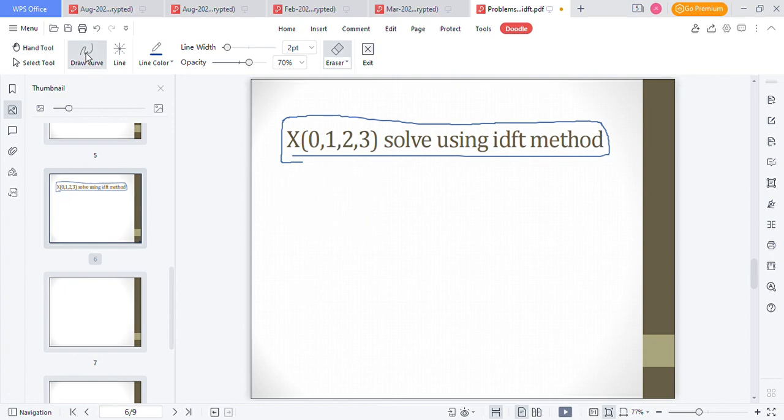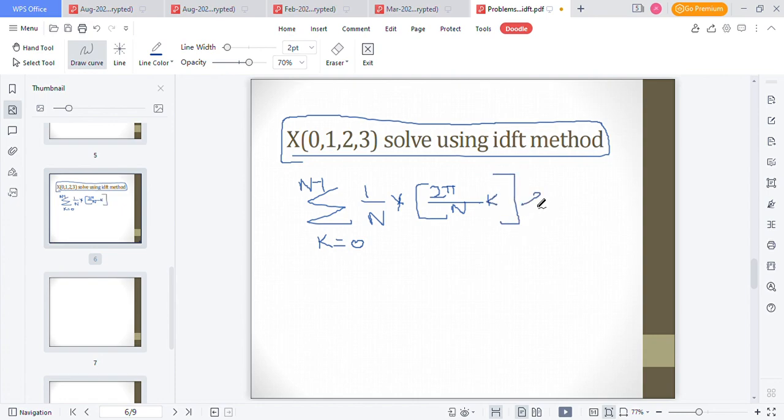My formula is the summation over n, from k equal to 0 to n minus 1, of 1 by n into e to the power of minus j 2 pi kn by n, right?